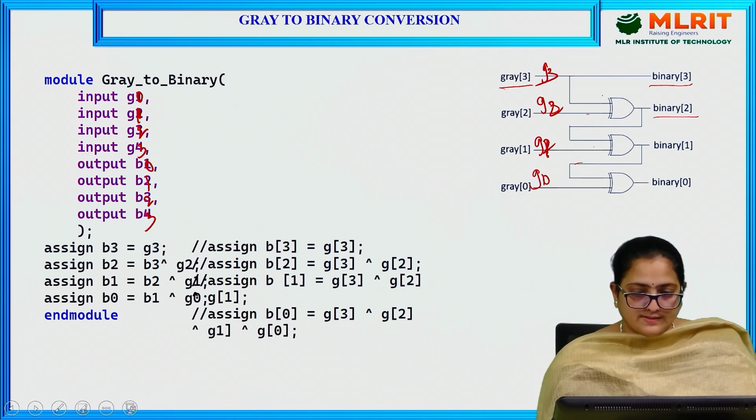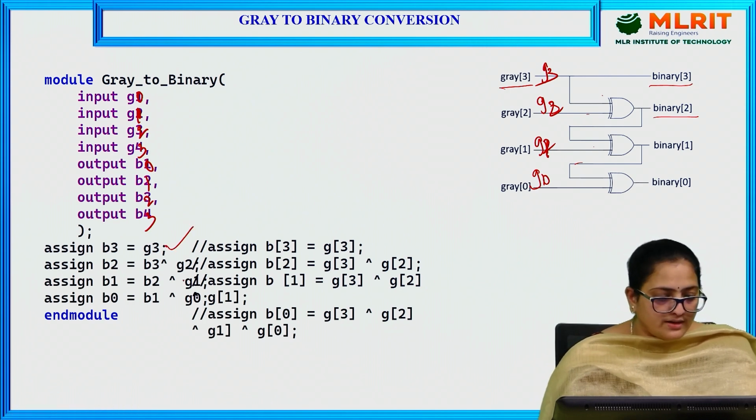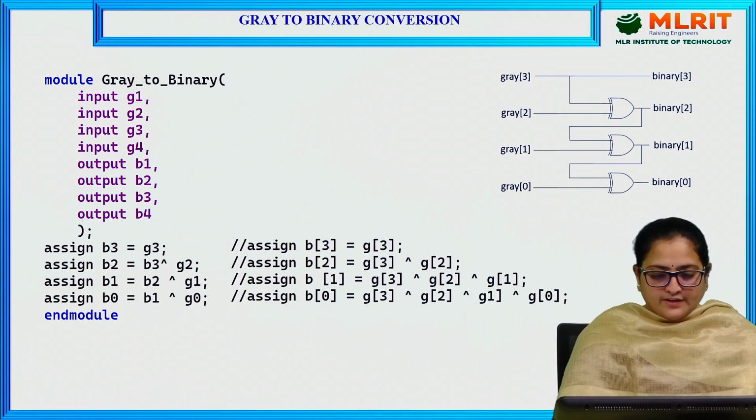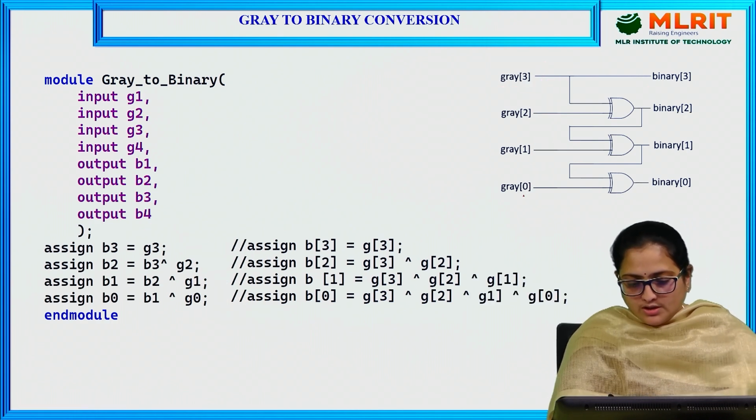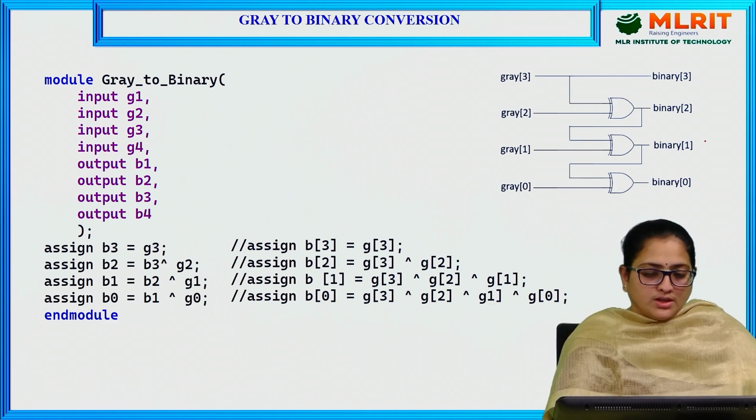Now, assign B3 value will be similar to G3. So, this is a gray to binary conversion where G0, G1, G2, G3 are the inputs, and B0, B1, B2, B3 are the outputs.